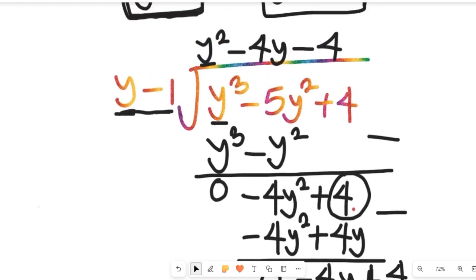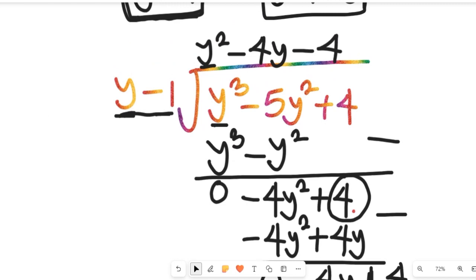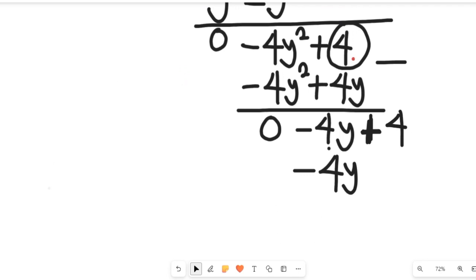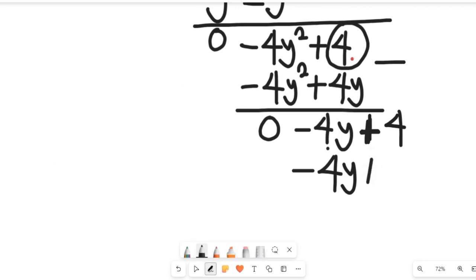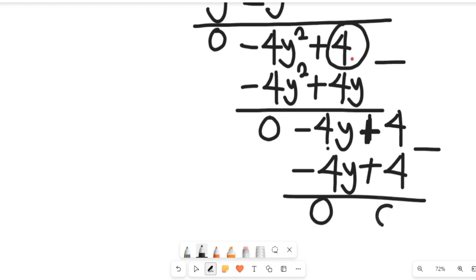And then negative 4 multiplied by negative 1 is going to give us a positive what? A positive 4. So if we subtract these two, we're going to have this become 0, because minus 4y minus 4 is going to give us minus 4y plus 4, that is 0. Now minus 4 minus 4 is going to give us 0.